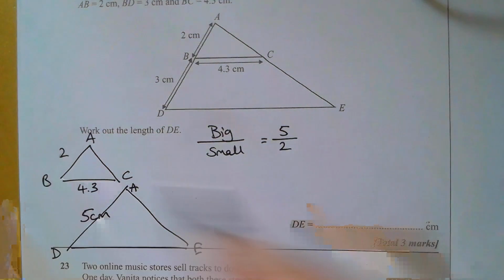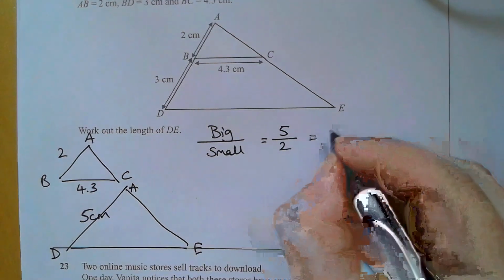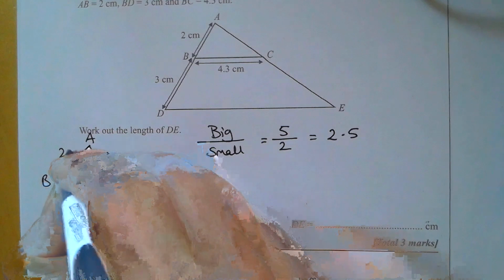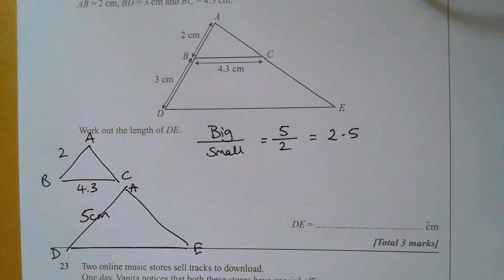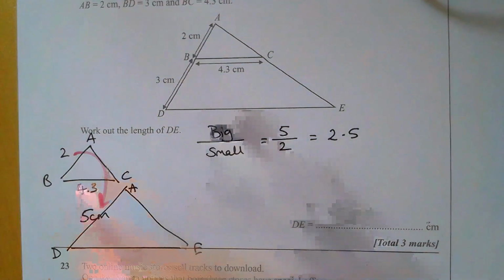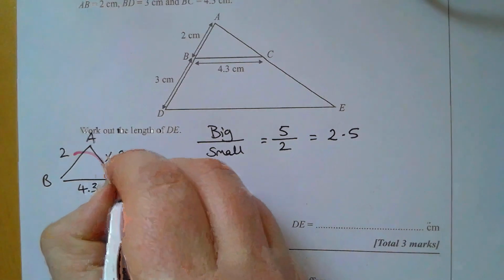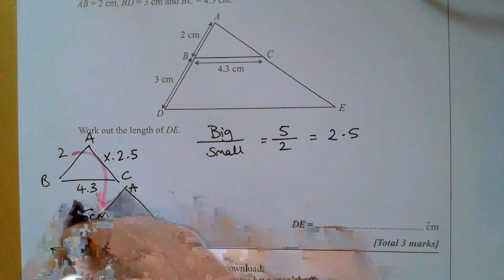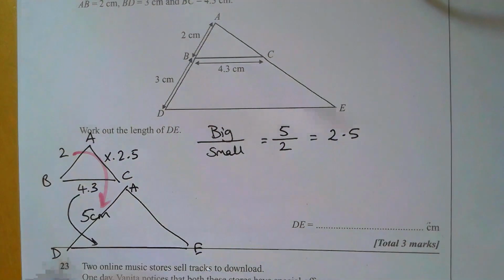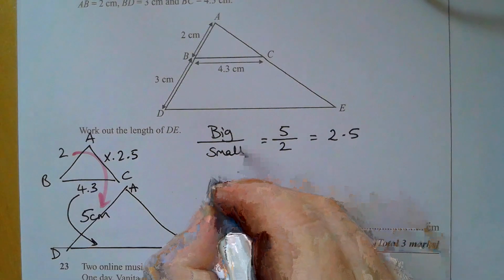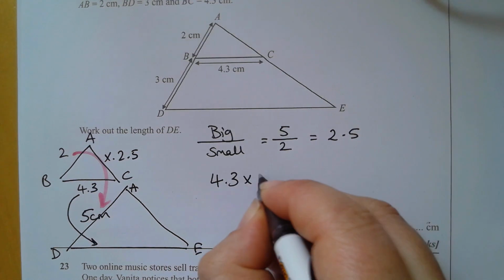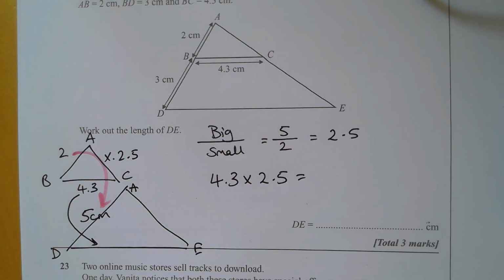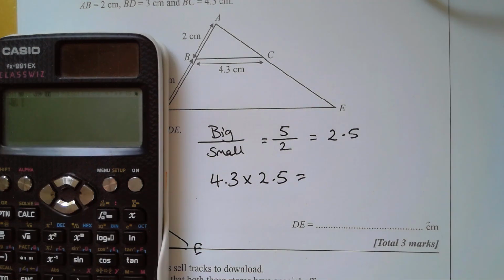Five is big, 2 is small, small triangle, big triangle. So to get from 2 to 5, you multiply by 2.5. To get from 4.3 to this line DE, you take your 4.3 and you multiply by 2.5. We have a calculator. Use it.